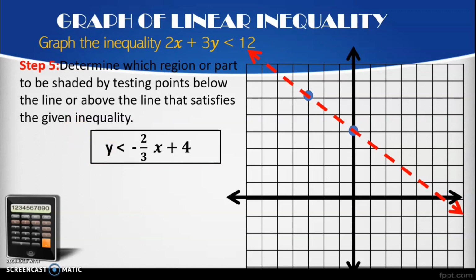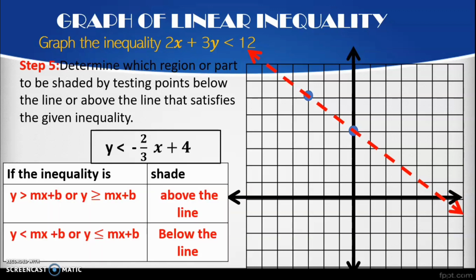So, our inequality in slope-intercept form, y is less than negative 2/3 x plus 4. If the inequality is greater than or equal to, we will shade above the line. Okay? But if our inequality symbol is less than or equal to, we will shade below the line.